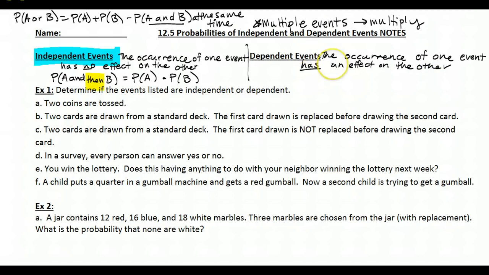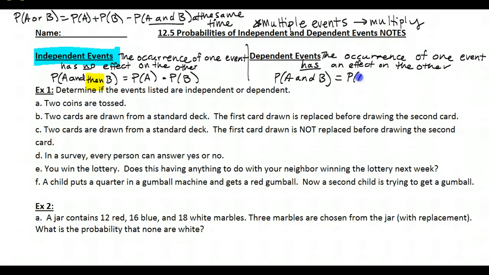And what I mean by that is, let's say that I was drawing cards. If I draw one card and then I don't put it back in the deck, when I draw my second card, now there's actually only 51 cards in the deck instead of 52. So that's considered dependent, because now when I draw my second card, it'd be something out of 51 for the probability. Here's the formula for that one.